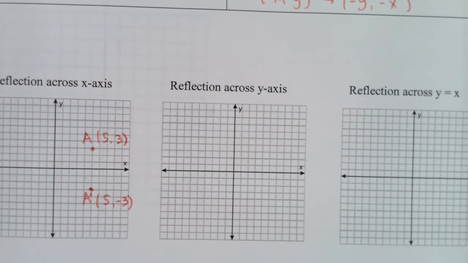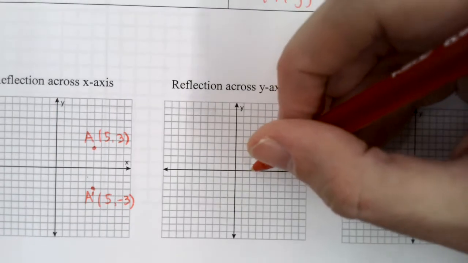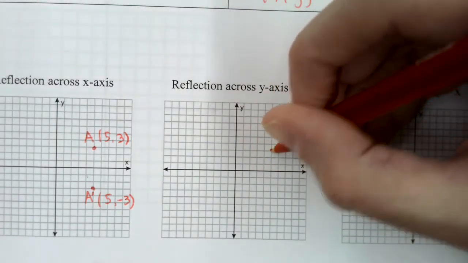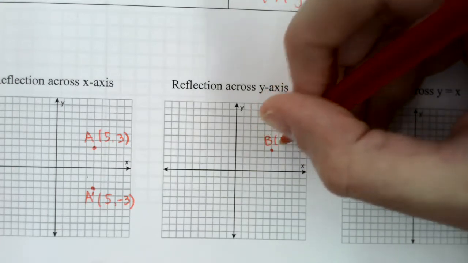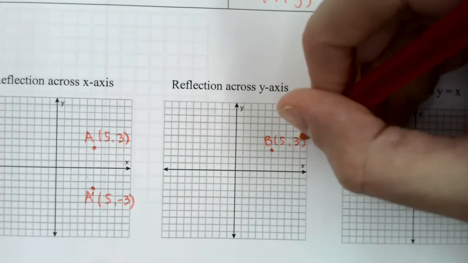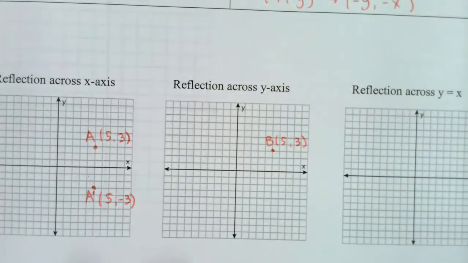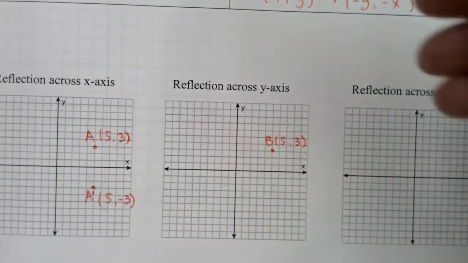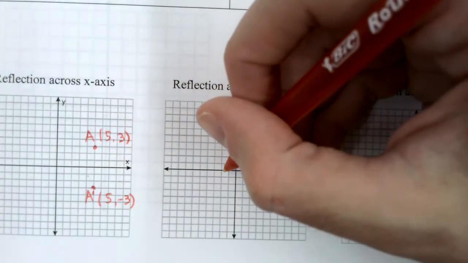Now let's look at the next one. Let's start with the same point, (5, 3) again. I'll call it B this time. If I reflect B across the y-axis, that brings me way over here.